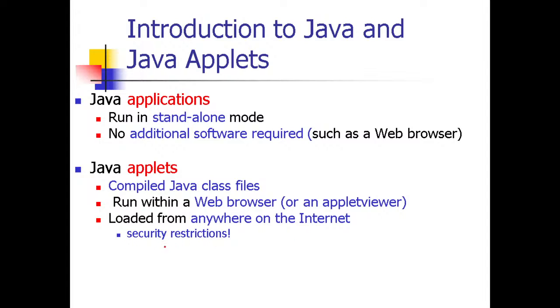But there are some security restrictions. As I had already told, if we download from a web browser, my system will treat it as a virus. So in the case of an applet, because we are downloading it from the web, the chance of it being a virus is more. So my JVM treats it as a virus and keeps it separate from our system.